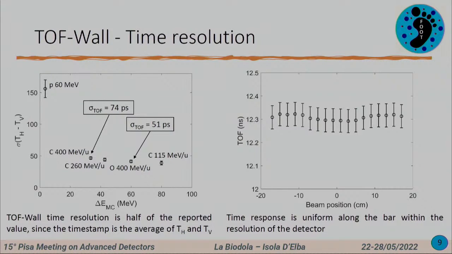And as you can see, here we show the TOF response as a function of the position where the ions interact along the bar, and you see that the response is quite uniform, at least within the resolution of the detector. And the resolution plotted here, of course, is twice the resolution of the top wall, since the timestamp of the top wall detector is obtained as the average of the timestamps of the 2 layers.